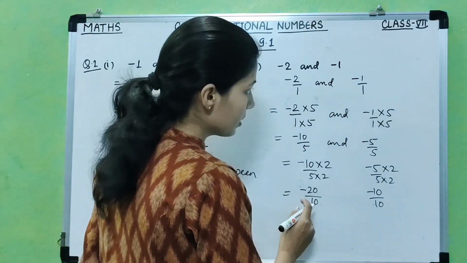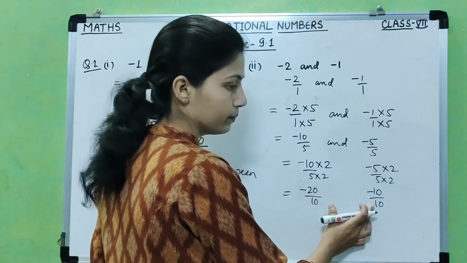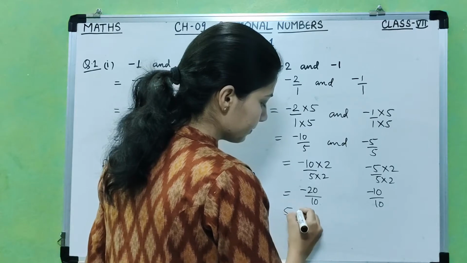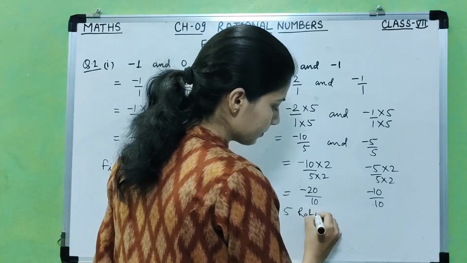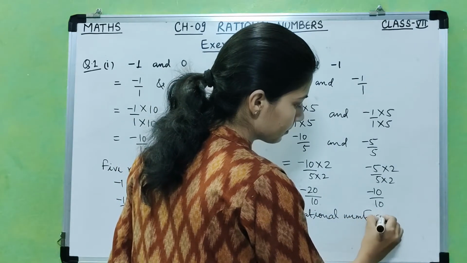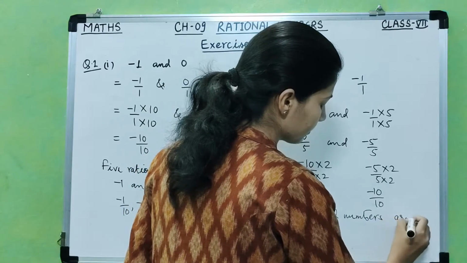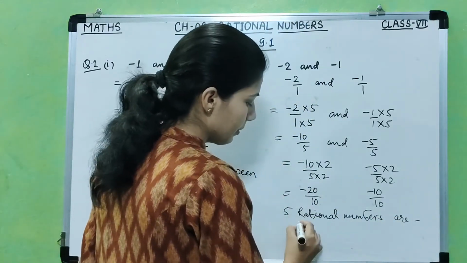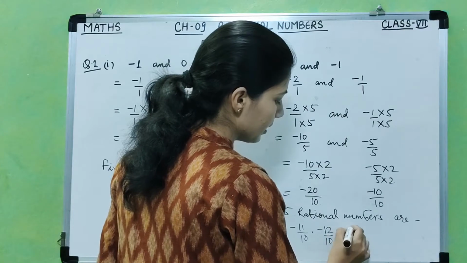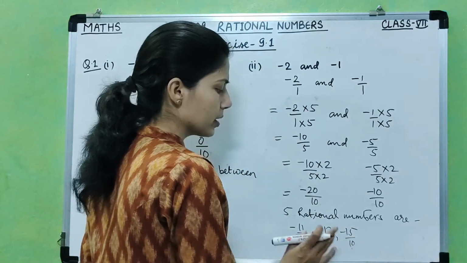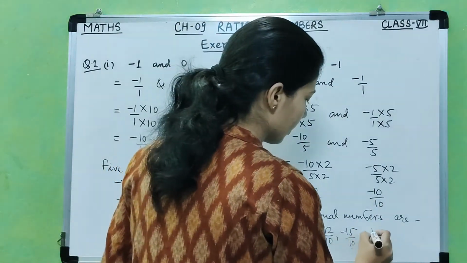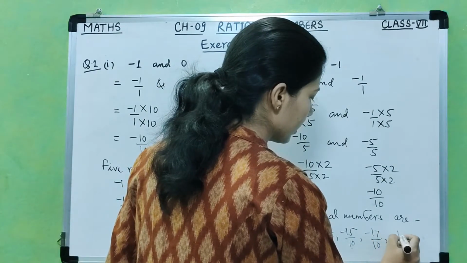So the 5 rational numbers between these two rational numbers will be -11 upon 10, -12 upon 10, -15 upon 10, कोई भी 5 आप चूज कर सकते हैं, ठीक है, -11 upon 10 से लेकर -19 upon 10 तक. So -17 upon 10 and -18 upon 10.